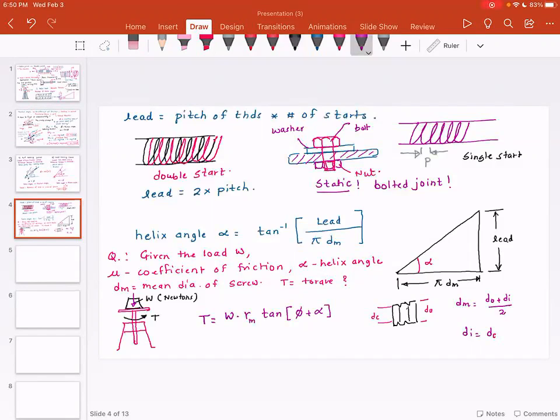Now this equation, I will explain once again, will be used in a lot of applications. This equation is used in turnbuckles. This equation is used in power screws. This equation is used in the design of screw jacks. You will see this equation is used when you are designing the slide for the stepper motor of a 3D printer.